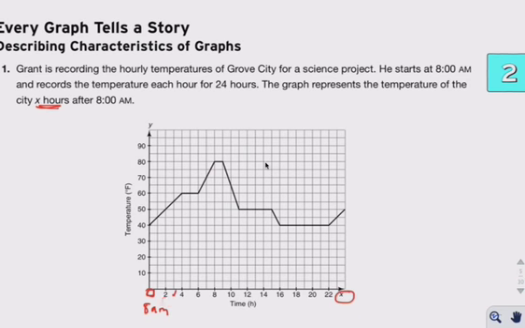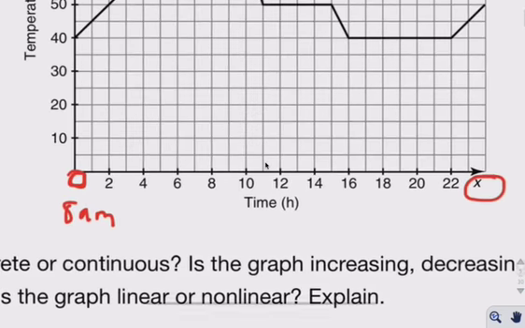Most of you will probably get this wrong, but that's why you listen to YouTube. 8 is right here. 9 is here. 10 a.m., 11. Sorry, that's 12. 1, 2, 3, 4, 5, 6, 7, 8, 9, 10 o'clock.